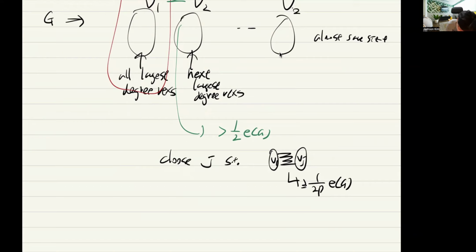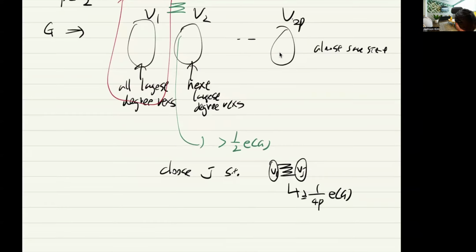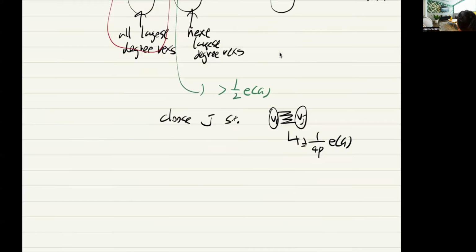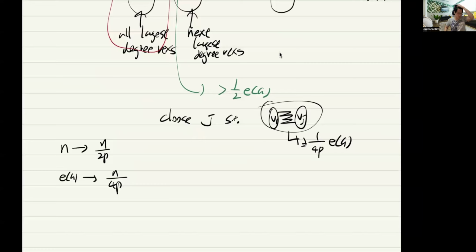let's go to the original way. Then what happened? The number of vertices in this new graph was divided by 2p, and the number of edges was divided by, I mean, at most 4p.